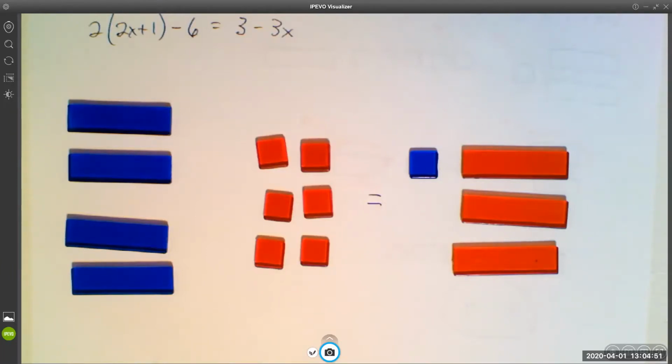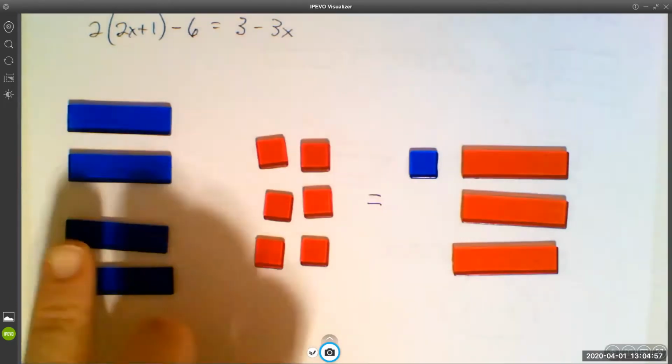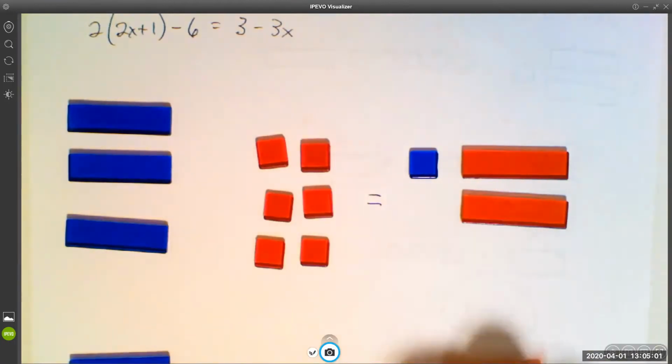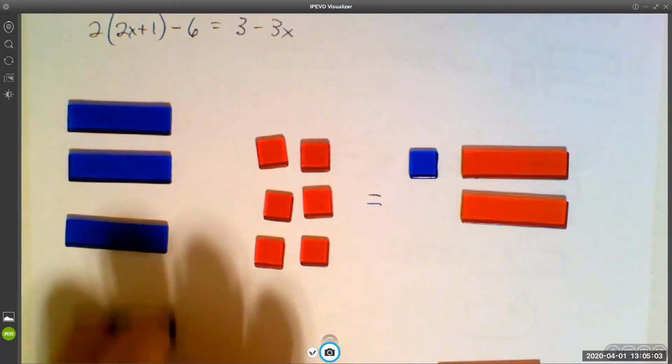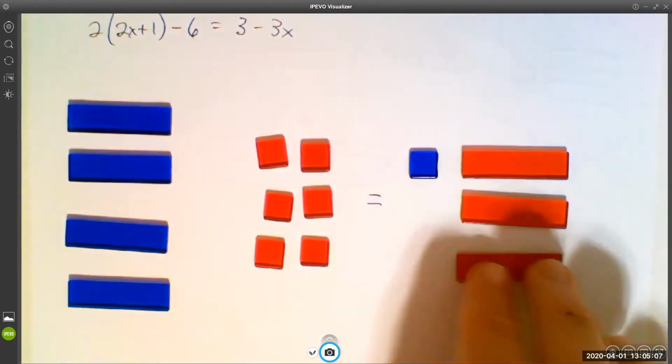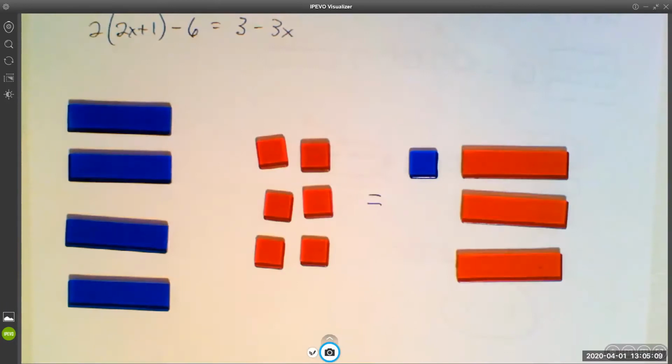Now for everything else, I think takeaway is going to be hard to use because I can't just take away a positive tile on the left and take away a negative tile on the right. That doesn't work. I have to take away the same thing on both sides. So I don't think takeaway is going to be the way to go.